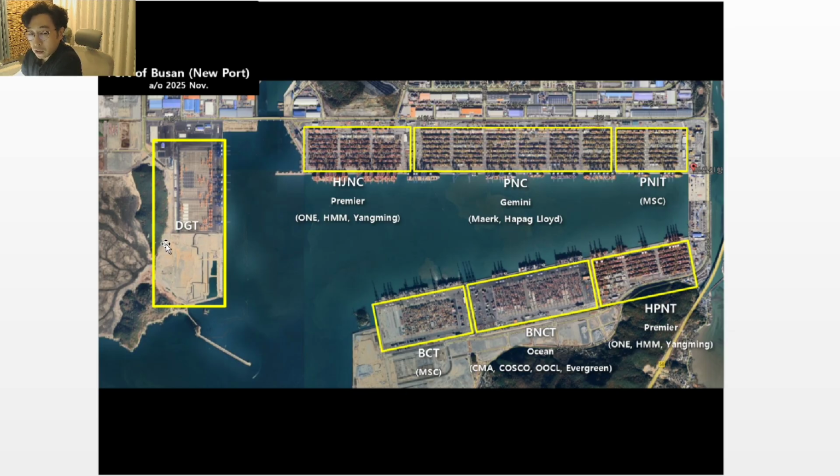Actually, it opened about 2 years ago, as I remember, in 2024 or 2025. This terminal is a fully automated container terminal. On the other hand, the other 6 container terminals are in the semi-automated phase. I will explain the phases of automation later.